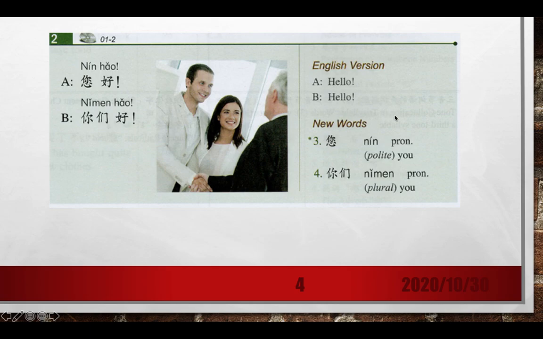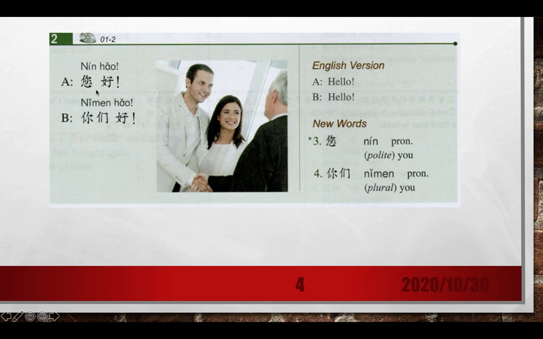But sometimes we also want to show politeness. If you say hello to your boss, or someone of a higher level, you want to be polite. So you could say 您. It's a special pronoun to show politeness. It also means you.